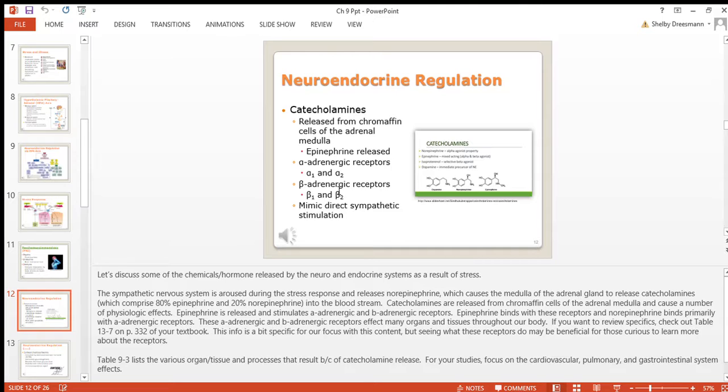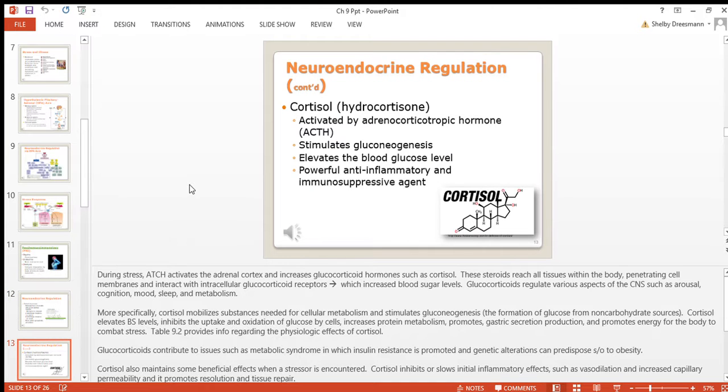So if you zoom in a lot here, they also have dopamine and something else, but you don't need to get too into that. Just focus on epinephrine and norepinephrine, okay?